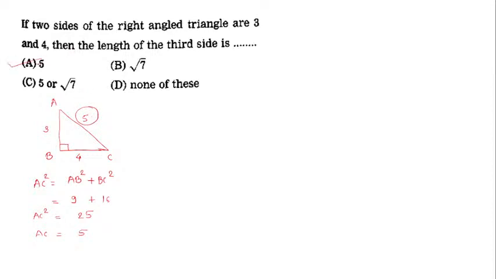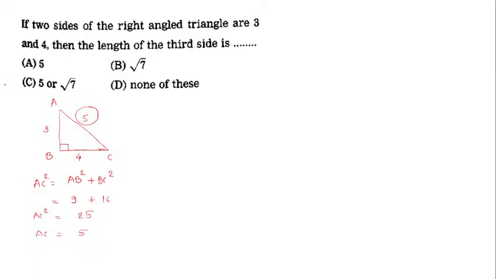But if we take this, that would be the wrong answer, because we have just considered the lengths of segments AB and BC as 3 and 4, but it is not given that those two are the perpendicular sides. We are just given two sides of a right angle triangle, and whether they are the perpendicular sides or the hypotenuse is not given, so we have to consider both possibilities.